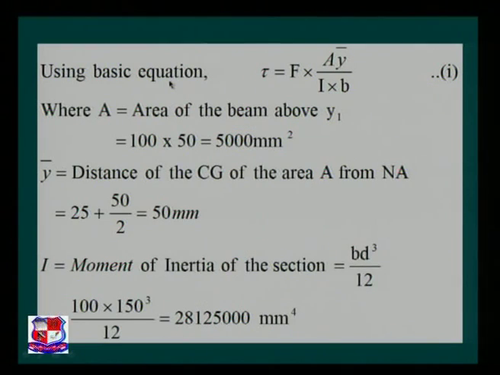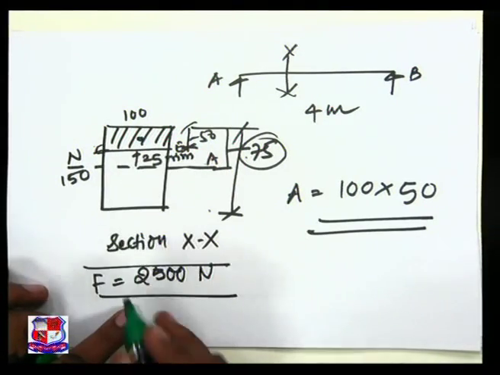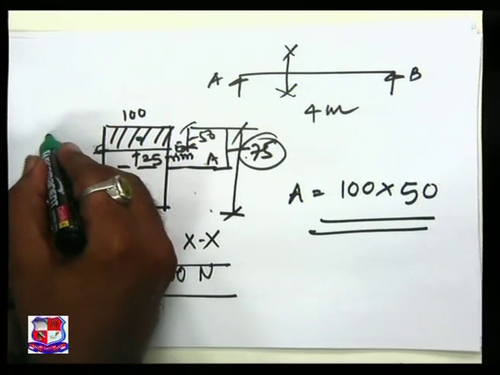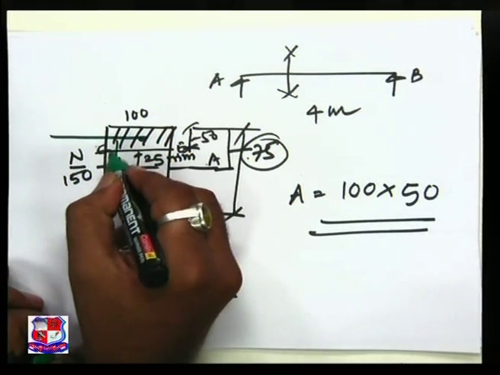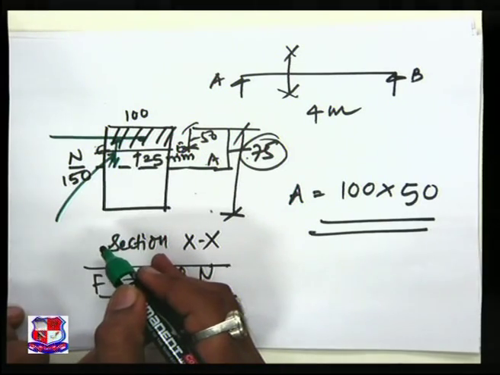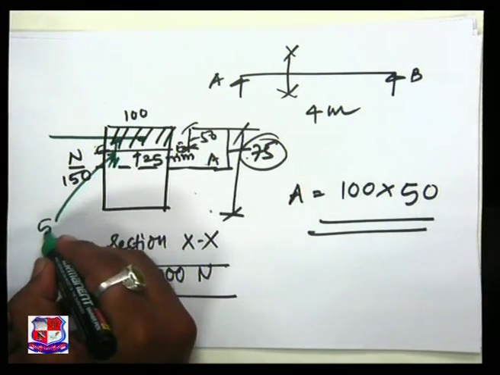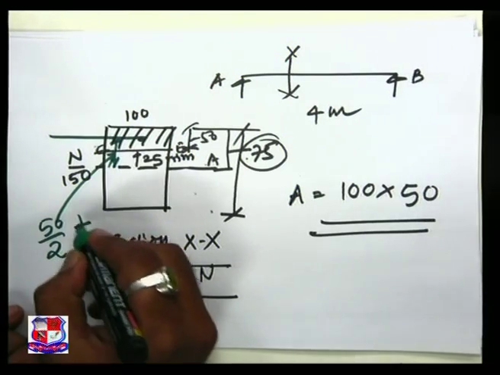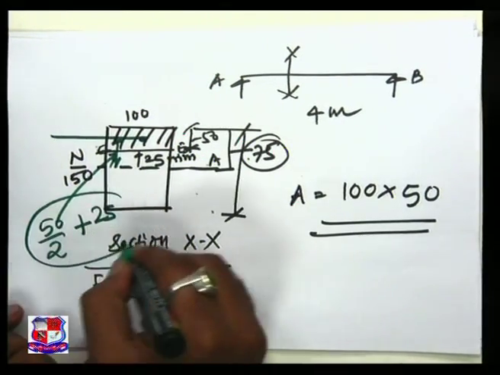Now y bar, refer to the figure on the PPT. Y bar is the distance of the CG of the area A from the neutral axis. If you refer to the figure on this tabletop, the CG is over here and the distance is this one. That is nothing but 50 by 2 plus 25.